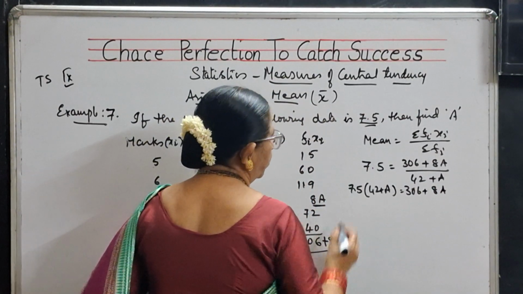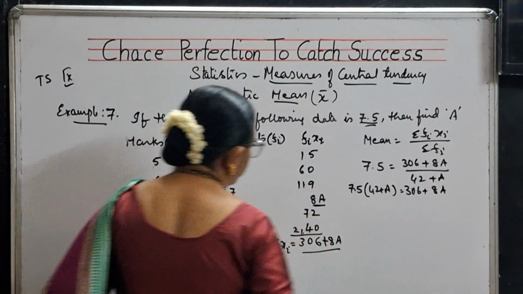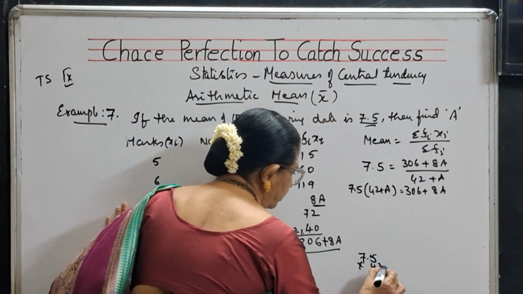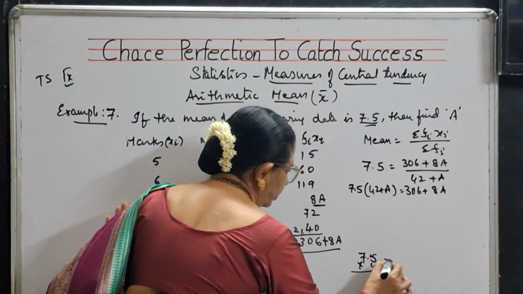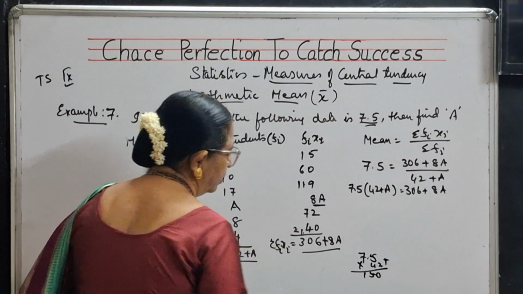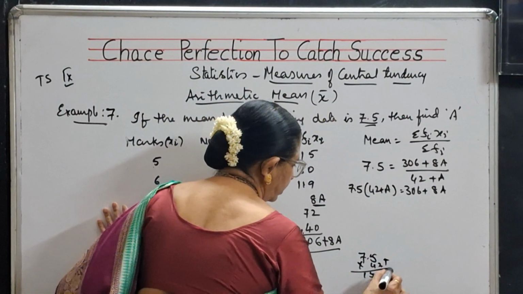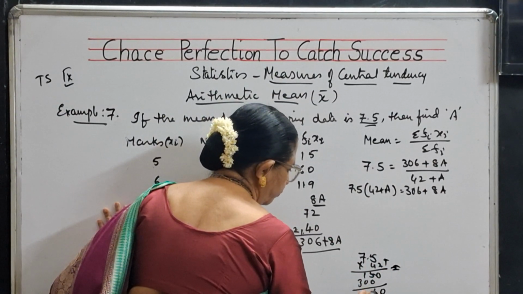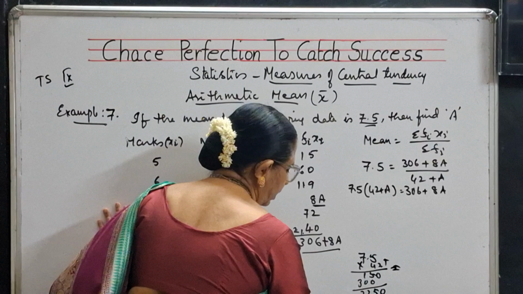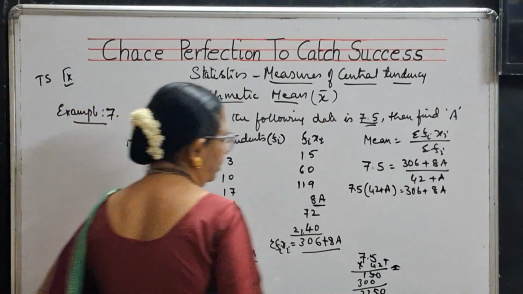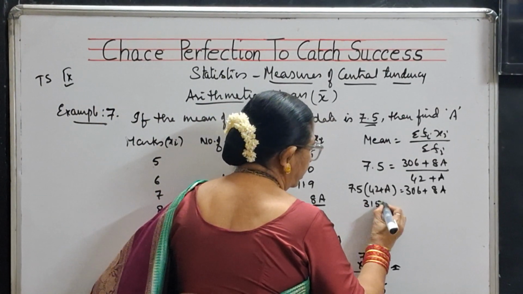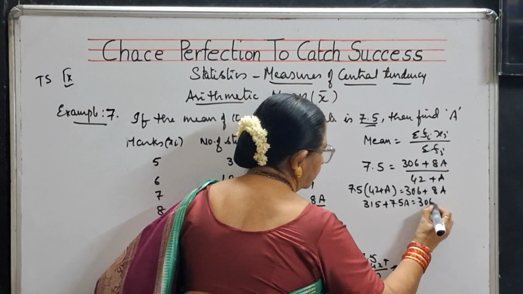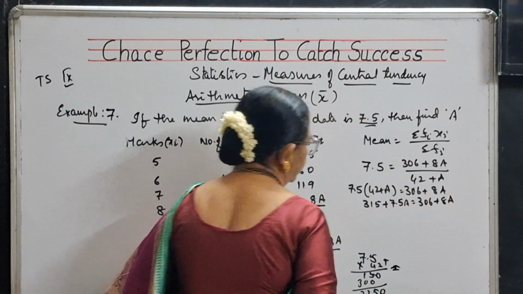So 7.5 into 42. You have to multiply 7.5 into 42. 2 fives are 10, 14, 15, and 4 fives are 20, 28, 30. So how much are you getting? 315 you are getting its value. So 315 plus 7.5A is equal to 306 plus 8A.